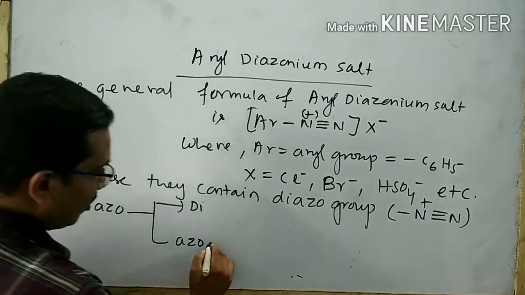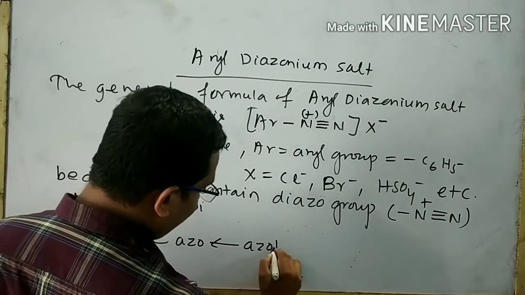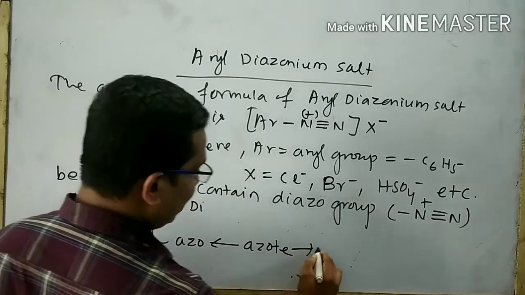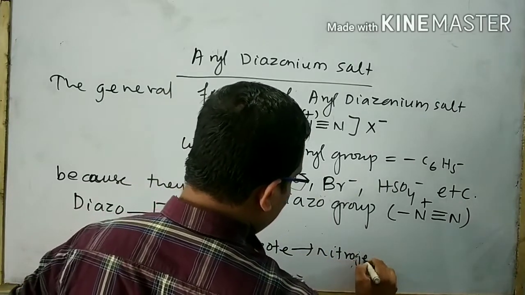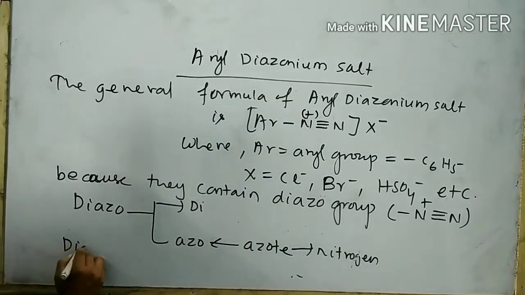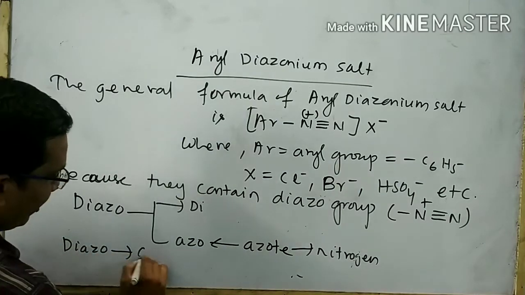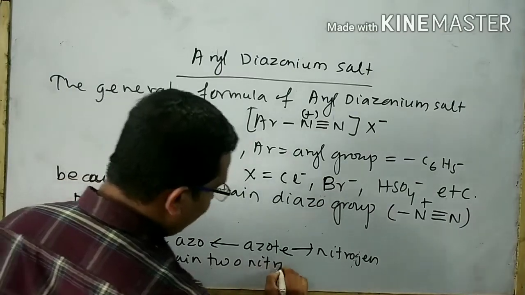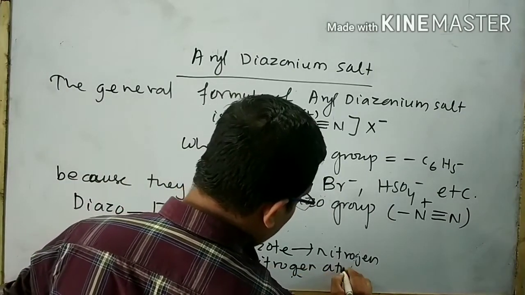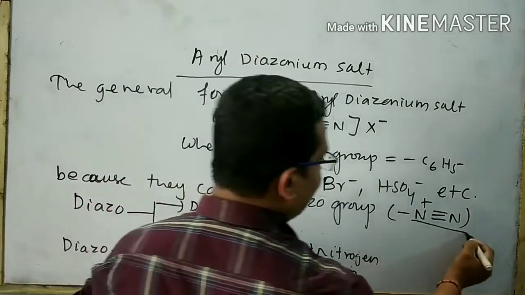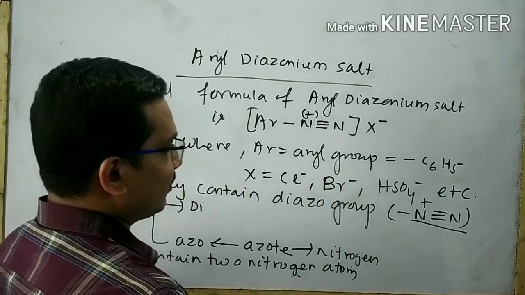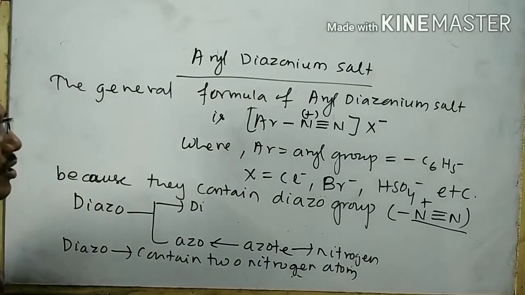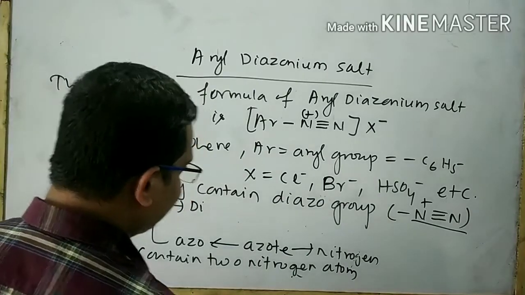The word azo comes from azoto, which means nitrogen. That means diazo means containing two nitrogen atoms. Look at that, here two nitrogen atoms are present. So this group is called diazonium salt.